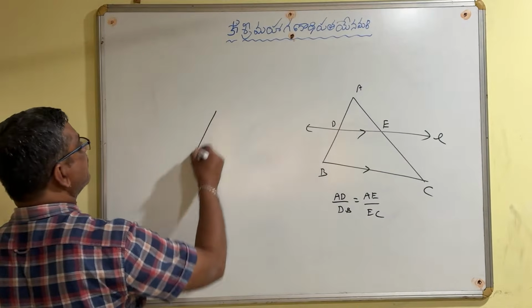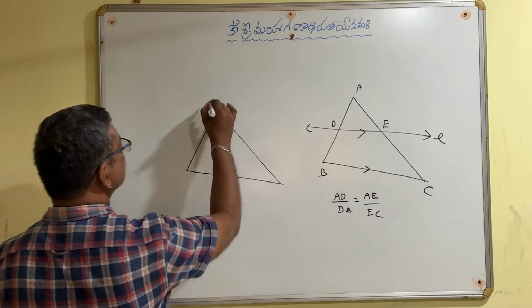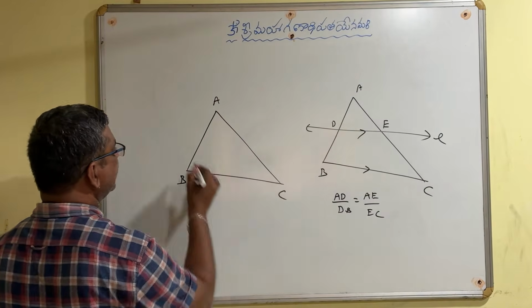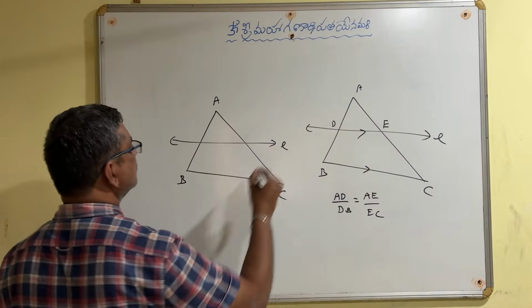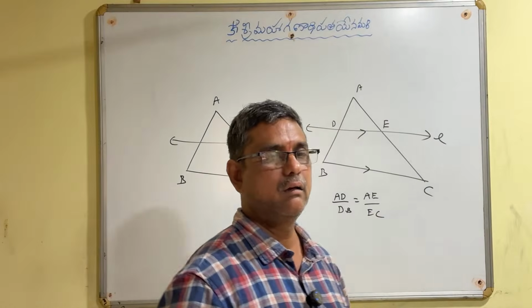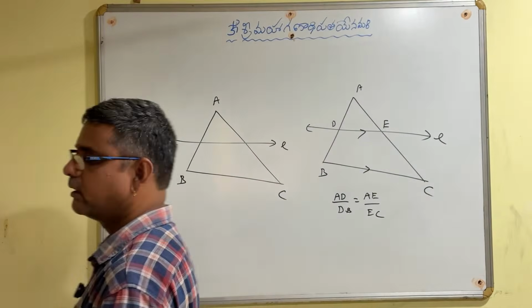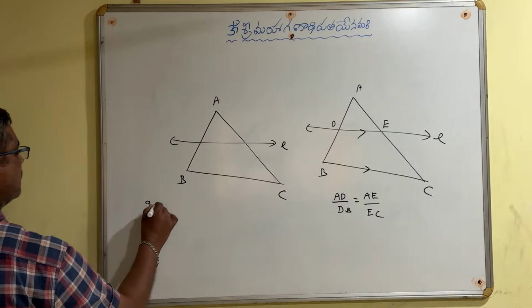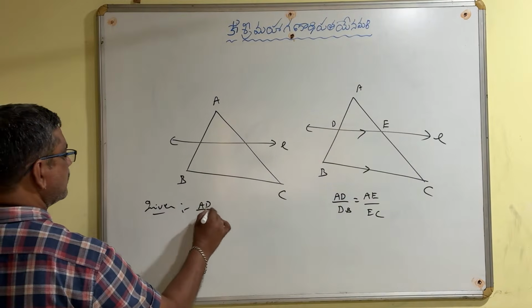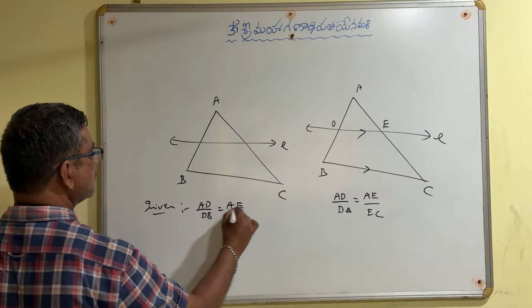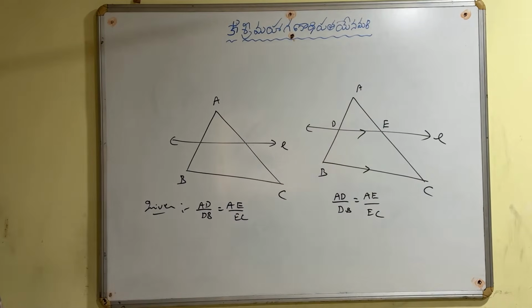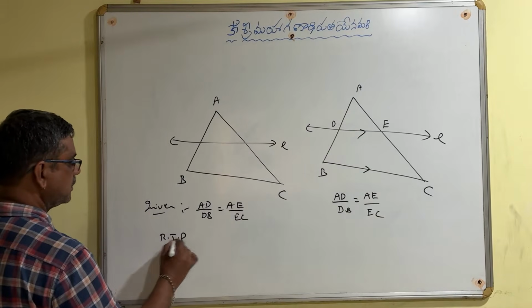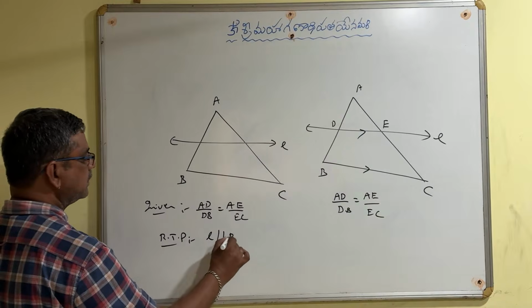Now, the converse of the basic proportionality theorem: if a line divides two sides of the triangle in the same ratio, then it is parallel to the third side.